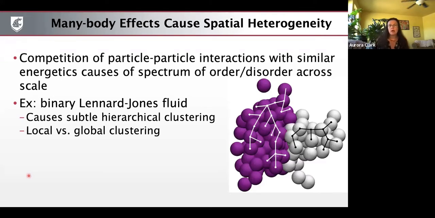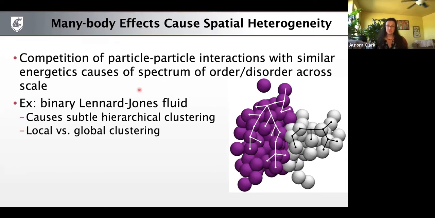As an example, we can think about what's called a Lennard-Jones fluid, which is just hard spheres interacting via a Lennard-Jones interatomic potential, which looks like a little well like this. And here we have particles that are slightly different sizes. The slightly smaller particles are able to get together a little bit closer than the slightly bigger particles.